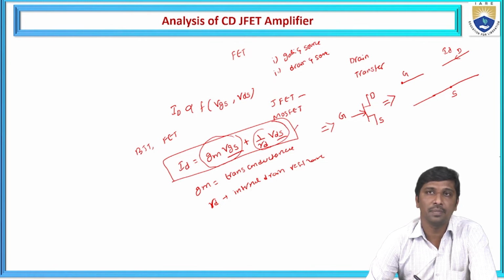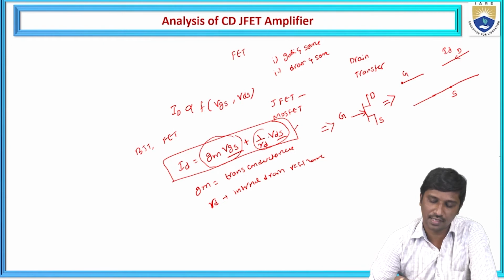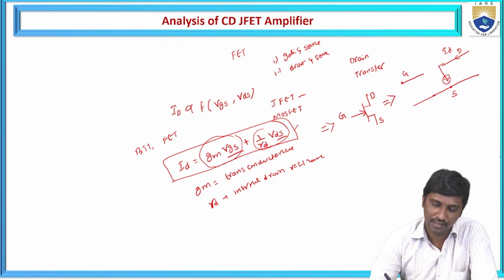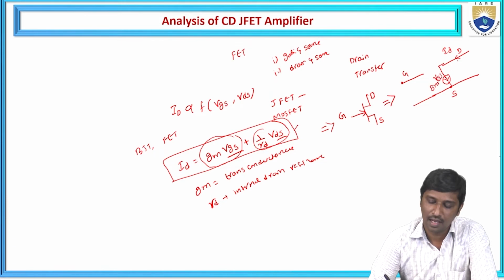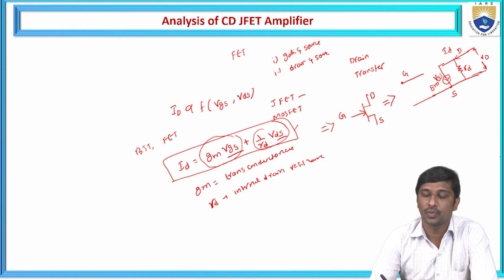Now we are going to represent the two current sources. One current source is represented with gm times VGS, and another current source is across the internal resistance. From the output side, we can write V naught is equal to I into R, that is ID into RD.